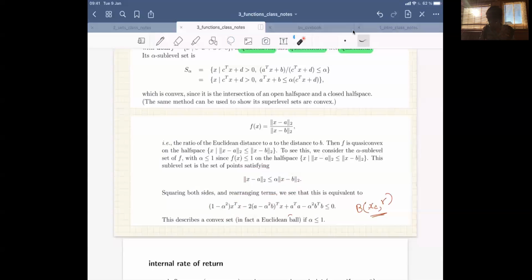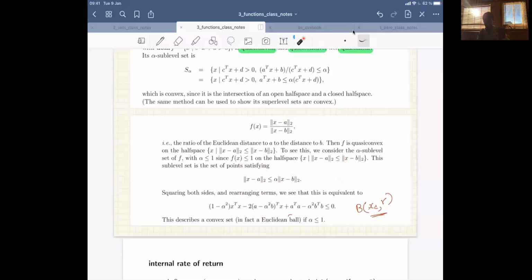A Euclidean ball is a convex set, right? So that will be convex. But this will be a Euclidean ball only for alpha less than or equal to 1. Here we had the same convexity for both sub and superlevel sets, but here you can verify that it will hold only for the sublevel set.